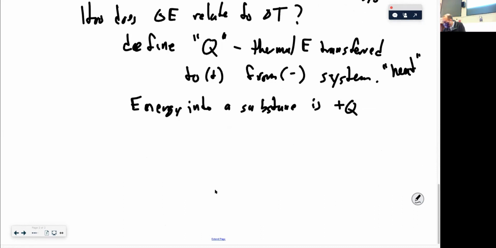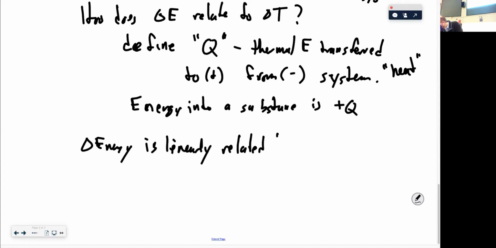Okay, delta energy is linearly related to delta T. So I can write this equation down.